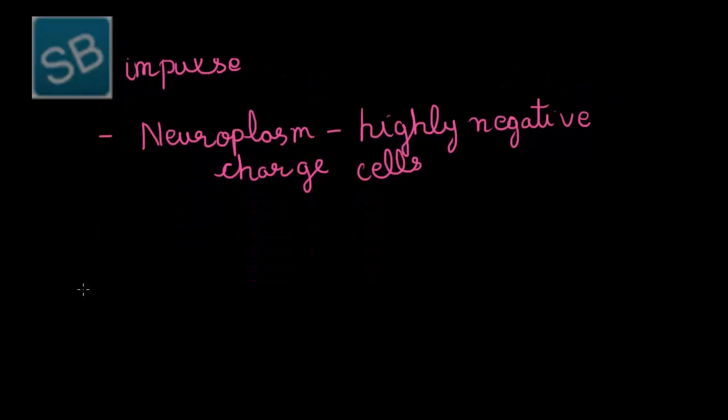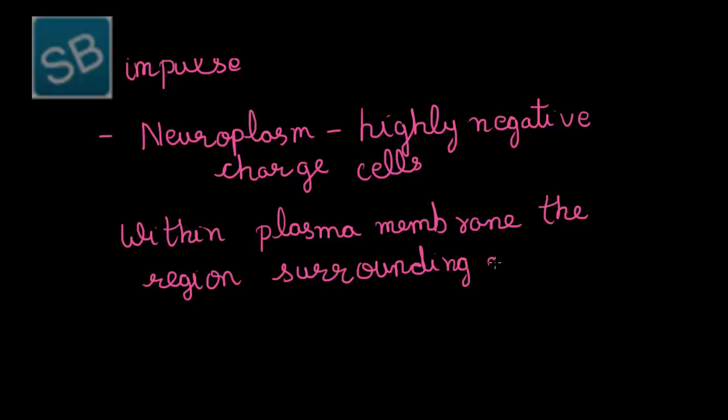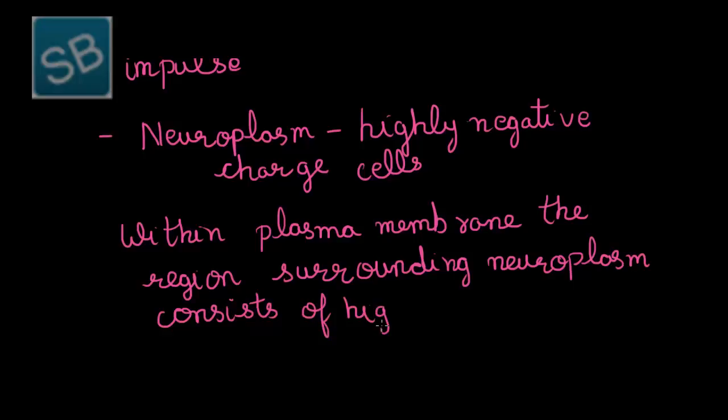And the surrounding region within the plasma membrane, that is the region surrounding neuroplasm containing nerve fibers, consists of highly positive charged cells as compared to that present within the nerve fibers.